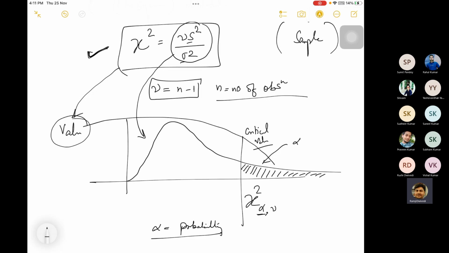It is expected that this value should not fall here.